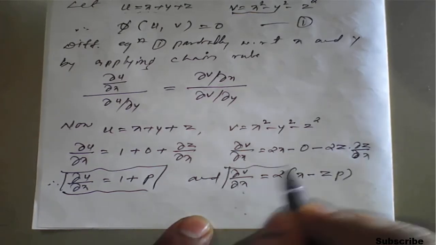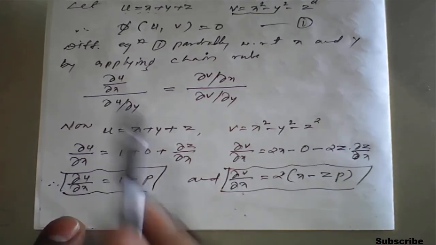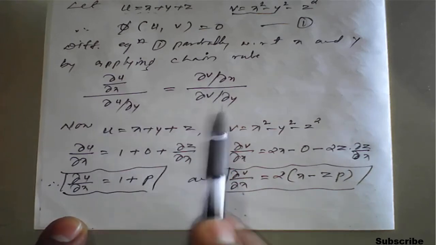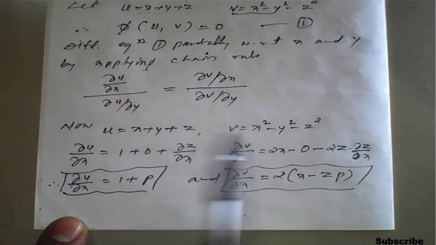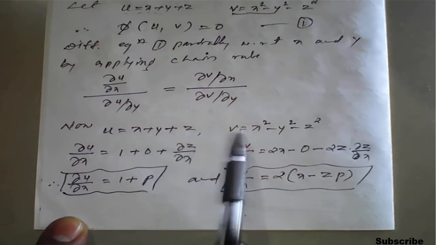So this is the value of dou v by dou x. So we got the value of dou u by dou x and dou v by dou x. We need to find dou u by dou y and dou v by dou y, using again the same method, differentiating u and v partially with respect to y now.